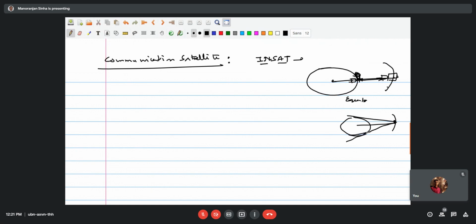Depending on the altitude, the field of vision can be decided. Because the geostationary satellite height is fixed, what the coverage will be immediately becomes visible from this diagram. So India gets covered by this. Using this transponder, you can carry various satellite TV programs, military purposes, and many things can be done.